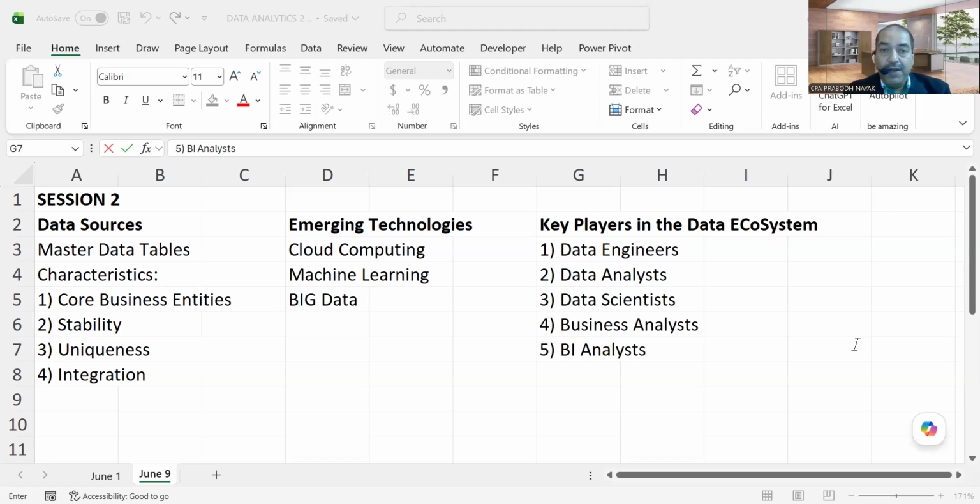So prepare the data in such a format. Cleaning, transformation, and preparing the data, that is the second step. Third step, designing, storing, and managing the data in data repositories. So this is the function of data engineers.